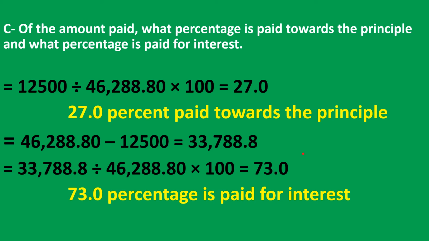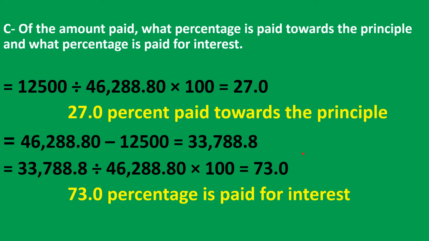We take the principal, divide by the total that we got in the B part, multiply by 100, and the answer is 27.0. So 27.0% is paid towards the principal.